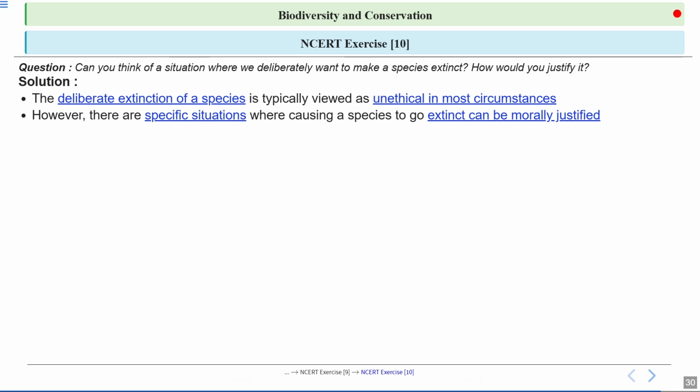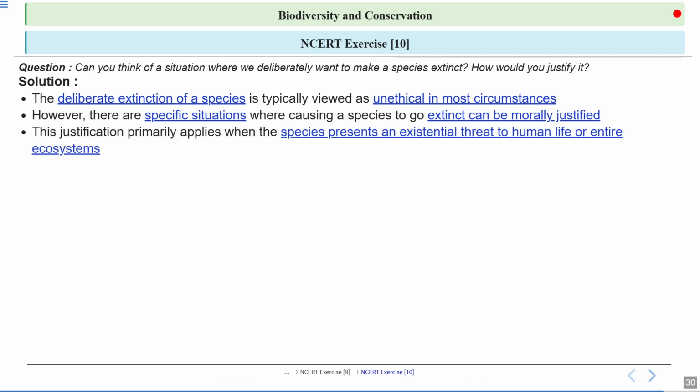Now, this idea is sometimes discussed in biology, but it is a complex and debatable topic, as extinction usually means the loss of unique life forms and biodiversity, which is generally seen as harmful to the environment. But in some cases, like when that species poses a serious threat to human health, then it can be eliminated.